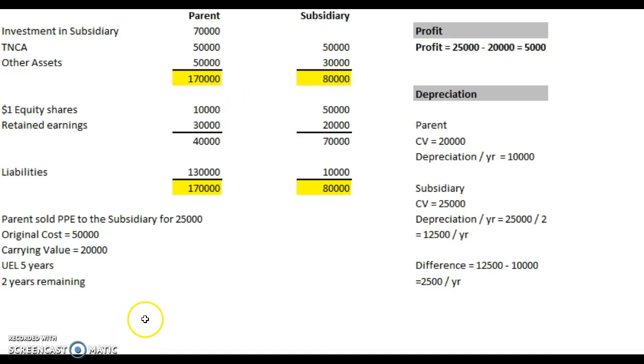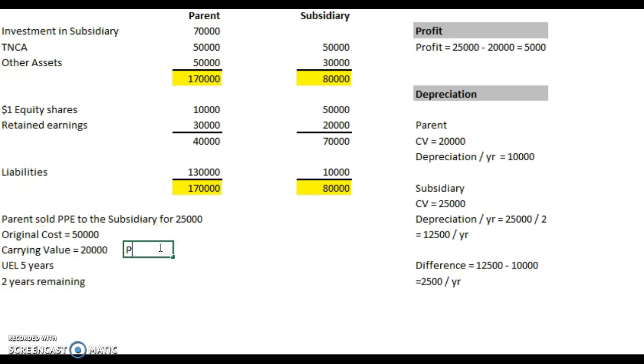Okay, so let's just summarize the adjustments we need to make. These are all going to be made on the selling entity, which in this case is the parent.